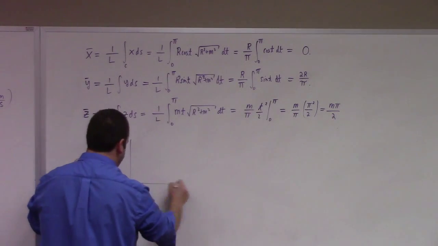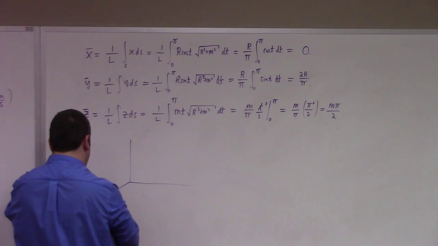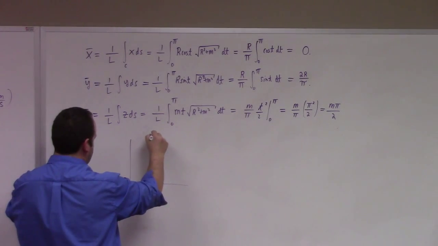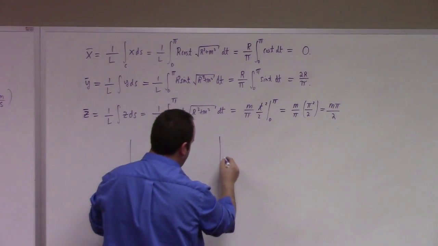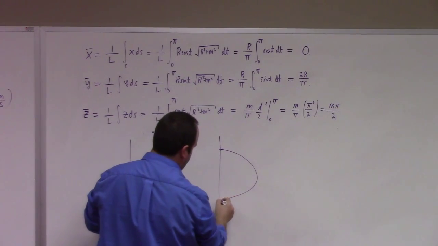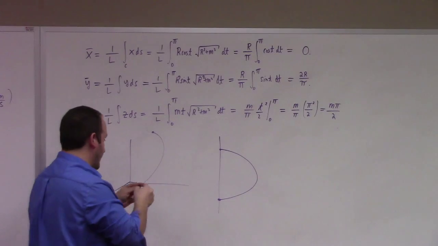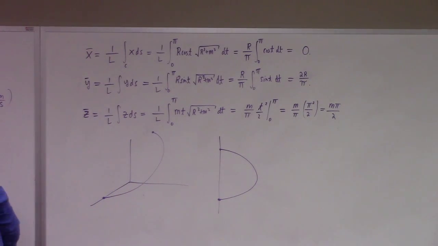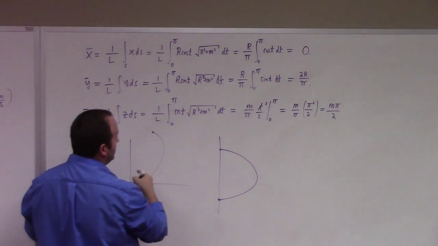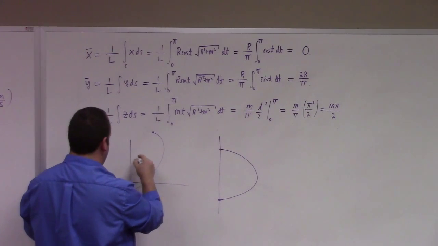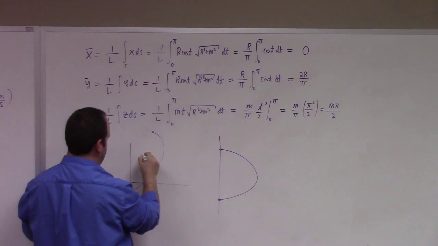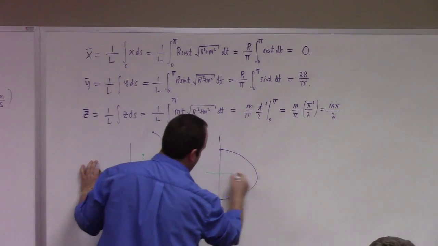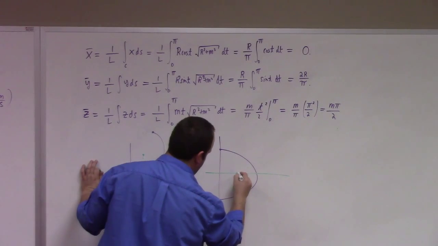So basically, if you look at this from top down, it looks like that, right? And basically our center of mass, or centroid for this curve, was halfway up and right there.